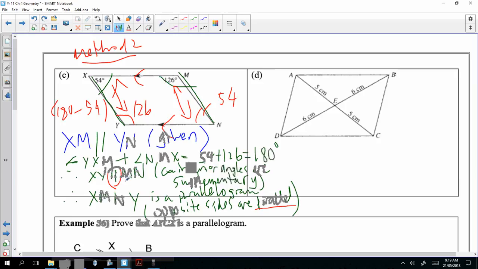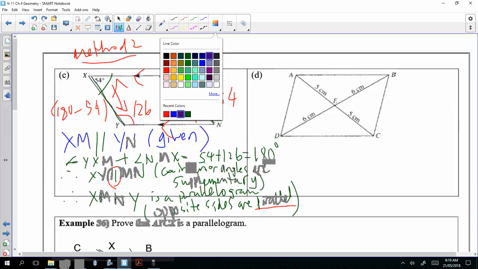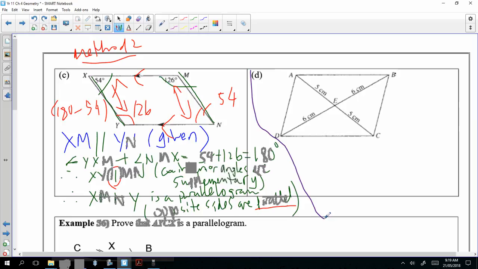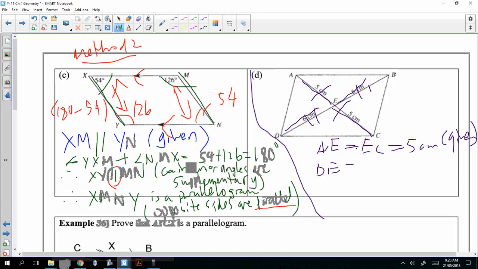Okay, next, let's use the next one. What test would you use? That one's obvious. We got the two diagonals, and they bisect each other. So what do we say? We say AE equal to EC equal to 5 cm given, and then you got DE equal to EB, 6 centimeters also given, and you say therefore ABCD is a parallelogram.